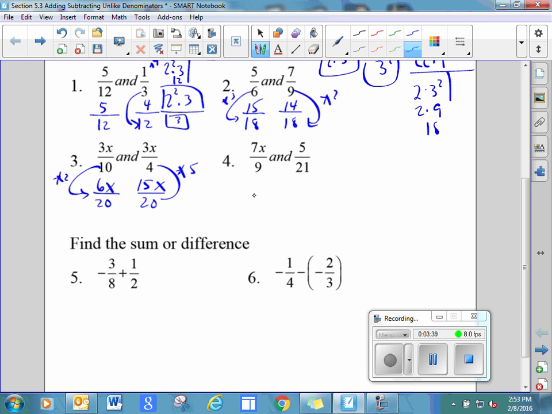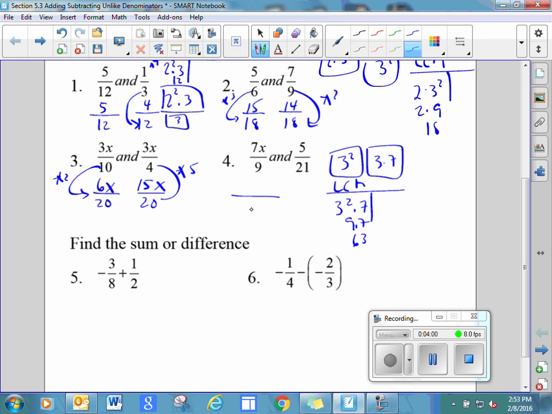Let's do this last one together, 9 and 21. Let's see, so 9 is 3 squared, 21 is 3 times 7, LCM is 3 squared times 7, which is 9 times 7, which is 63.